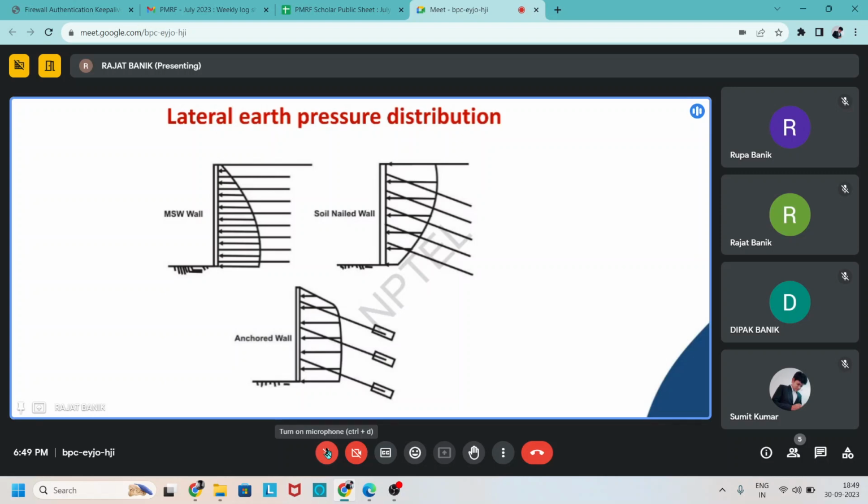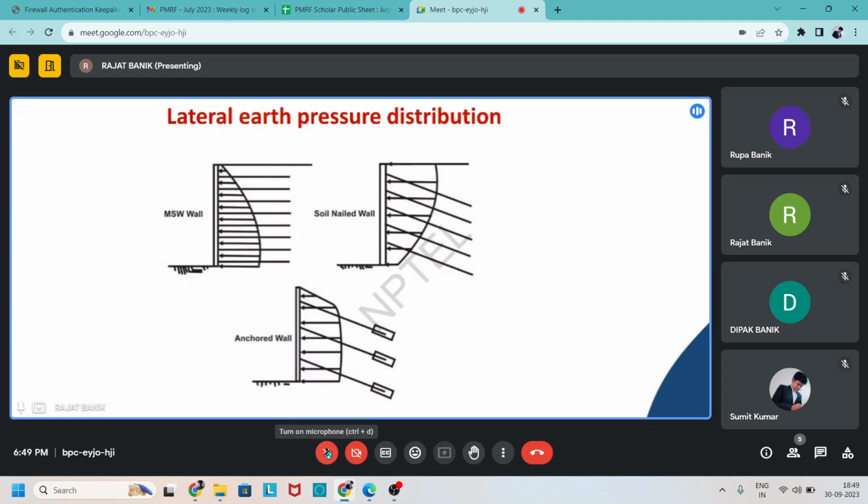In the mechanically stabilized wall, the earth pressure distribution is like this. At top it is zero, and at bottom there is some pressure due to the height of the wall. But it is opposite for the soil nail wall: at top it is maximum, at bottom it is almost zero.